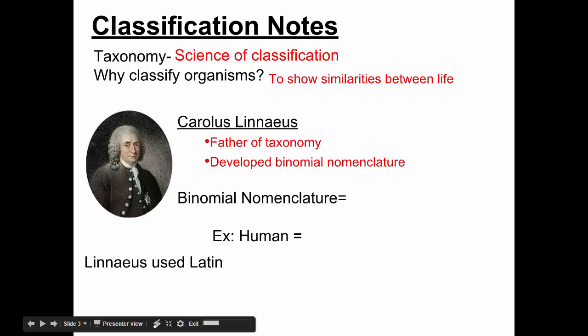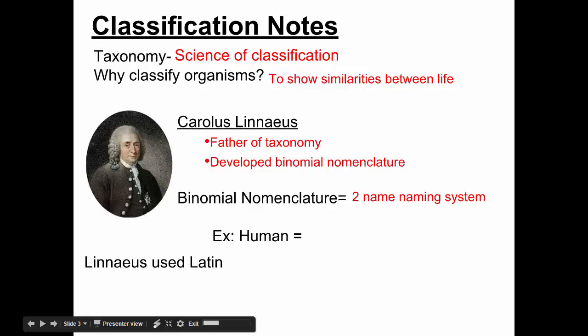At the top of your papers, it says nomen, and that's where you write your name. So nomenclature is a system of giving things names. It's a two-name naming system.